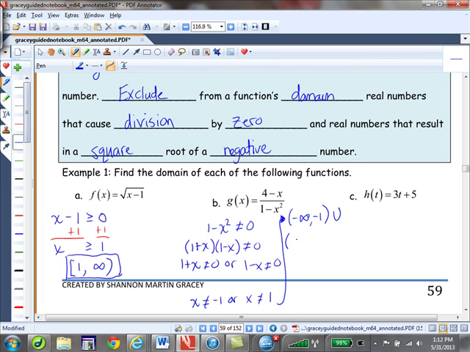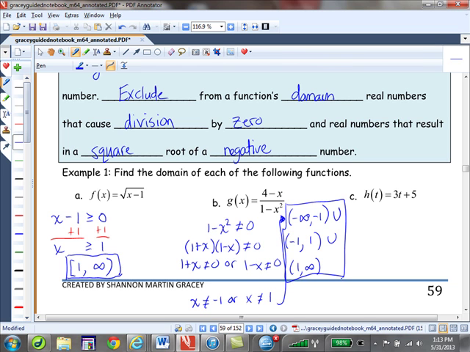So we don't want negative 1, but all the numbers in between negative 1 and 1 are okay. We don't want to include 1 because that was another one of our conditions. So our last part of the interval is going to go from 1 to infinity. So these are all the numbers we can include, and we put parentheses around the negative 1 and the 1 because we do not want to include those numbers because they'd yield a 0 in the denominator. Okay?